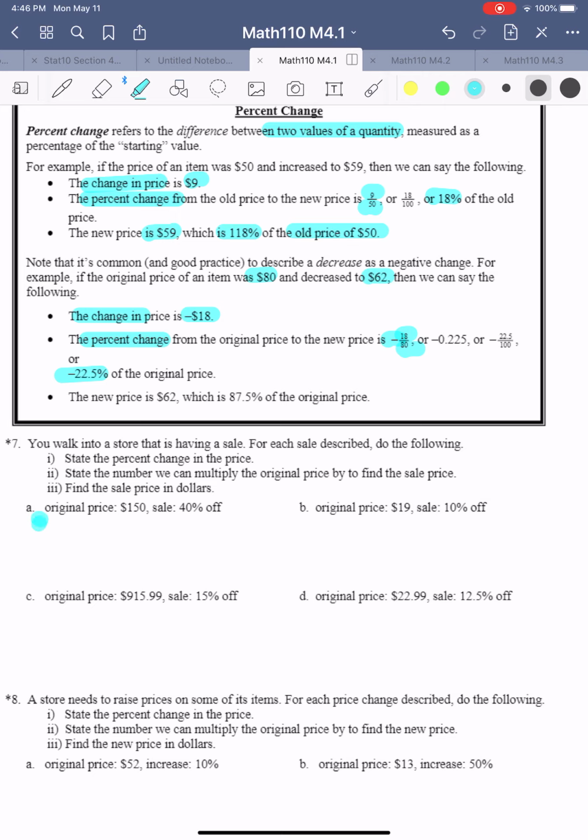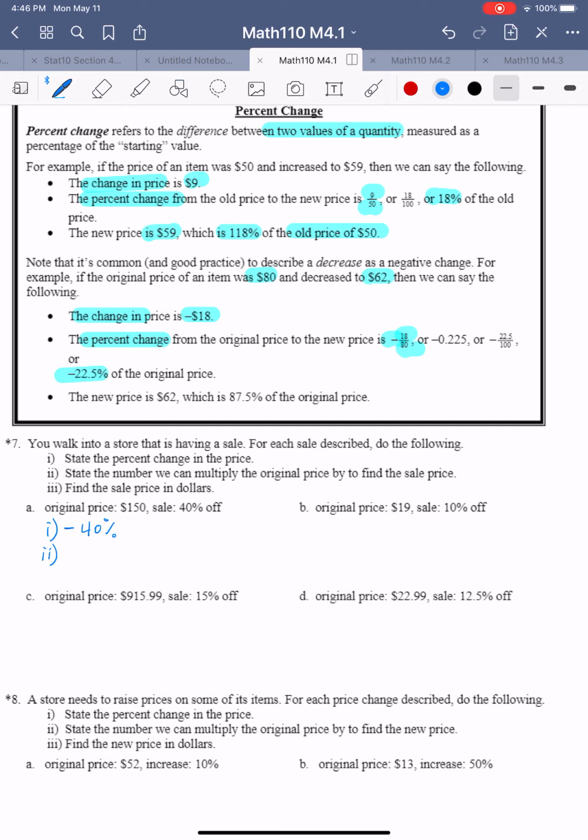So for number 1, the original was 150, and then the sale is 40% off. Off means a decrease, so the percent change is negative 40%. In number 2, state the number that we can multiply.